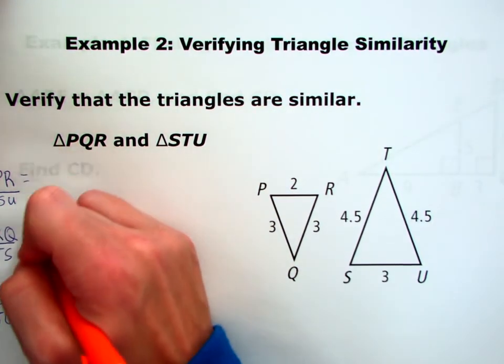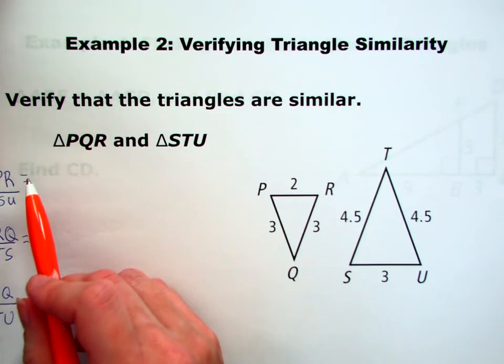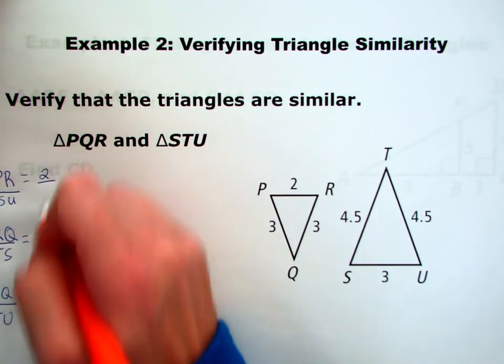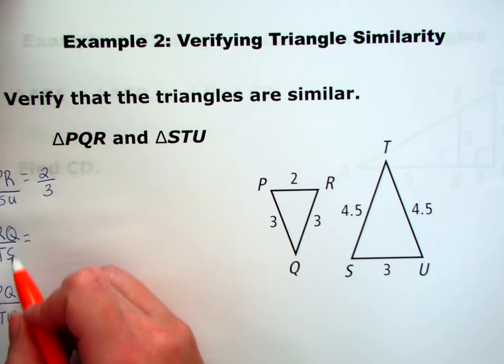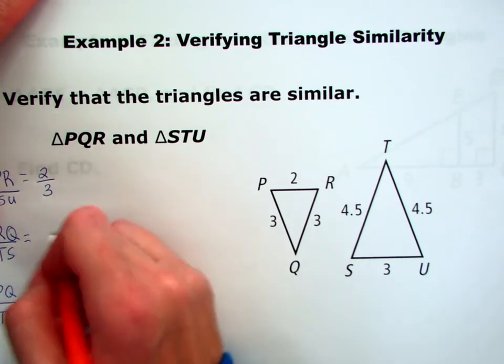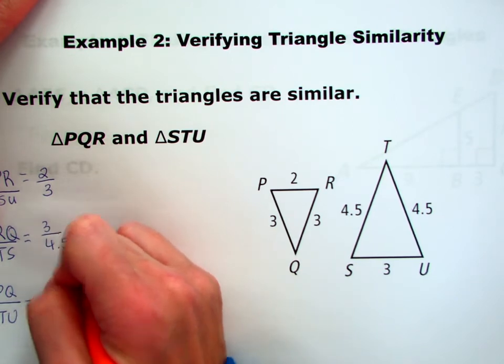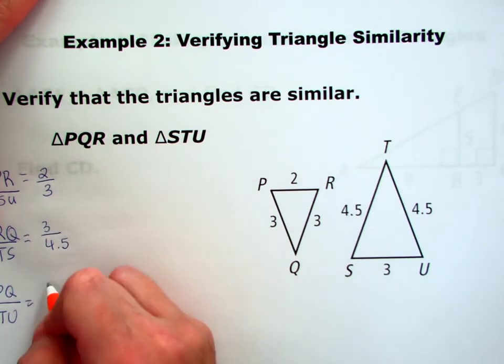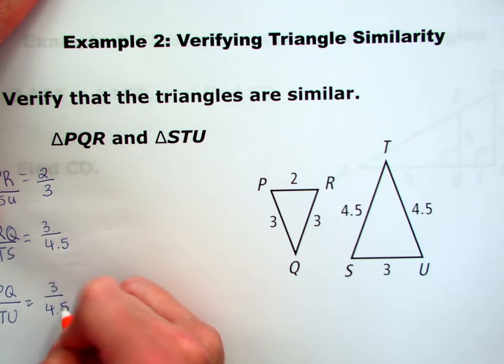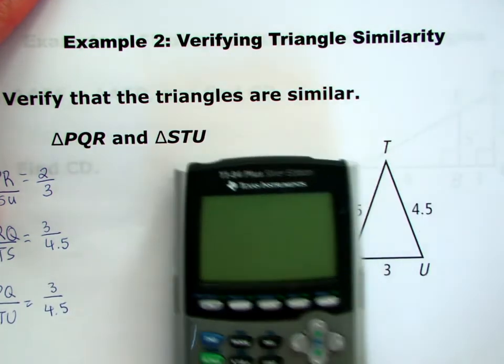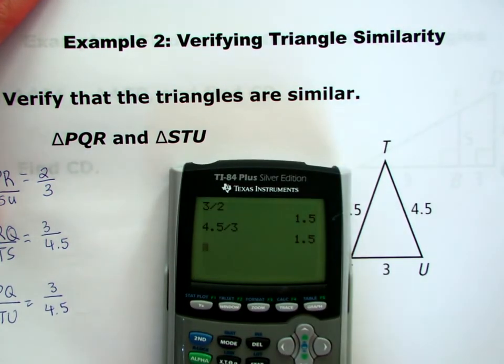Now let's see what kind of fractions we get here. The length of PR is 2, over SU is 3. The length of RQ is 3, over TS is 4.5. And then PQ is 3 over 4.5. I'll take my calculator and look at what 3 divided by 4.5 is. I'm going to get a decimal, and depending on your calculator, you can change that back to a fraction.